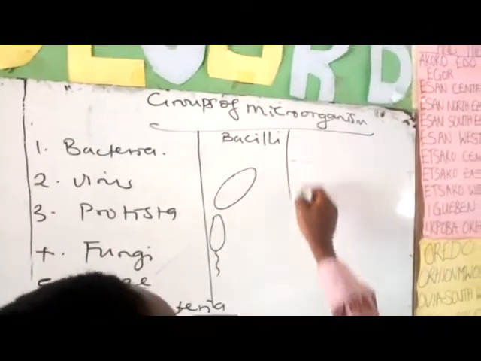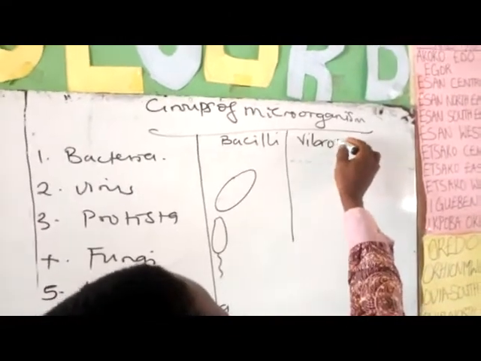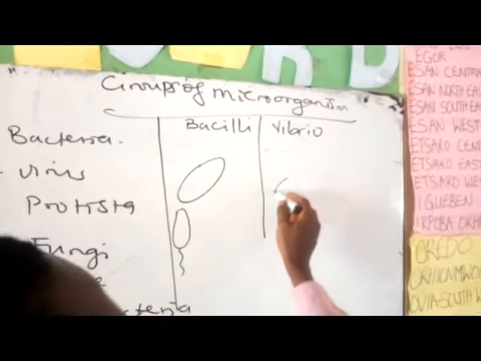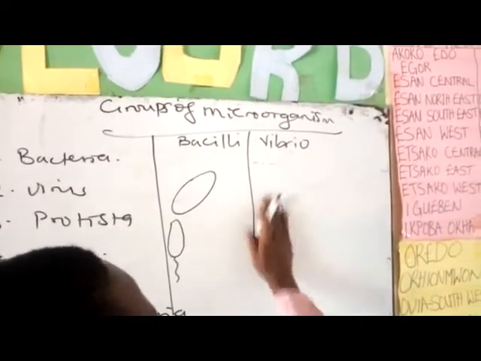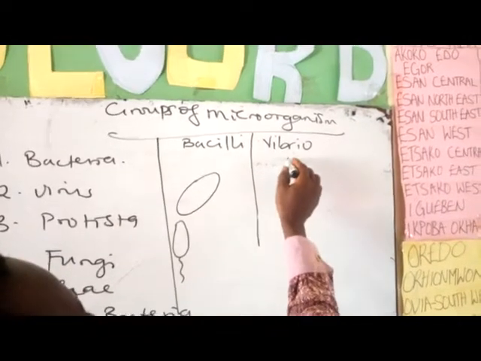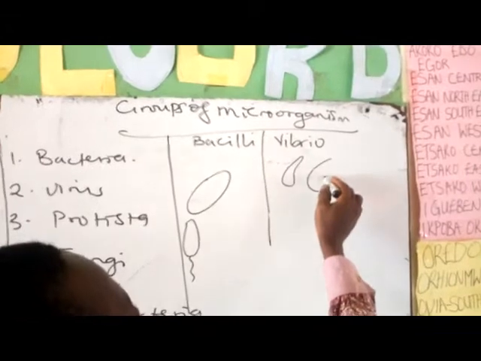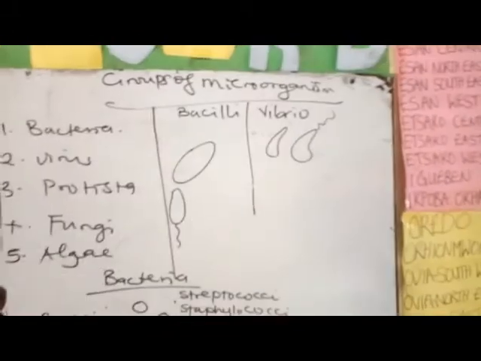Then what about vibrio? Vibrio is comma shaped. They come in comma shape. Can you see that? This is the nature of a vibrio. You can also have a vibrio that has flagella. So you can have flagellated vibrio.